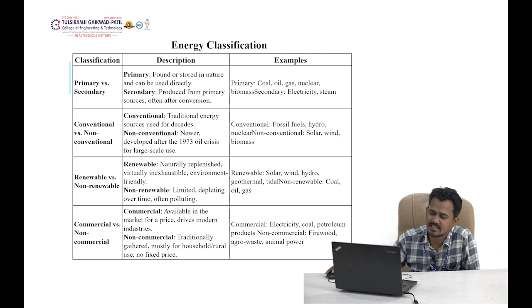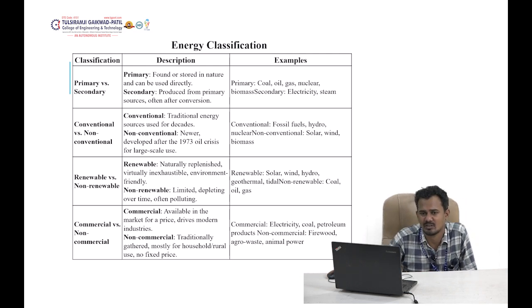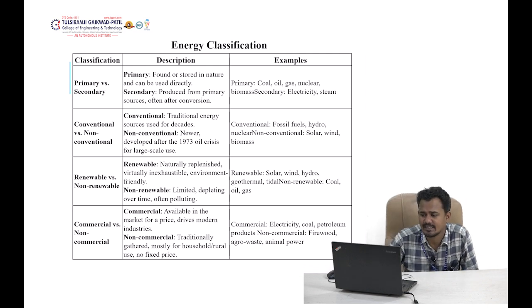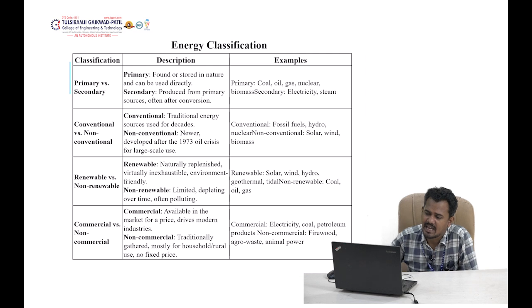The second classification is conventional versus non-conventional. Traditionally, the resources which we have been using come under conventional, and after the oil crisis in 1973, there is one new term called non-conventional. These non-conventional sources are nothing but the renewable sources which have large capacity to generate electricity, like solar, wind and biomass.